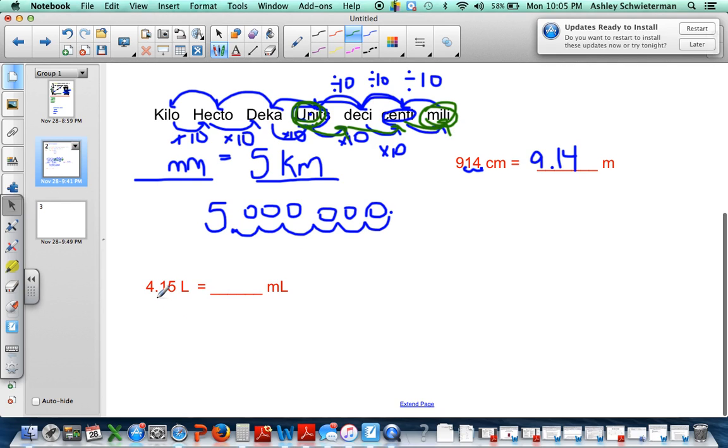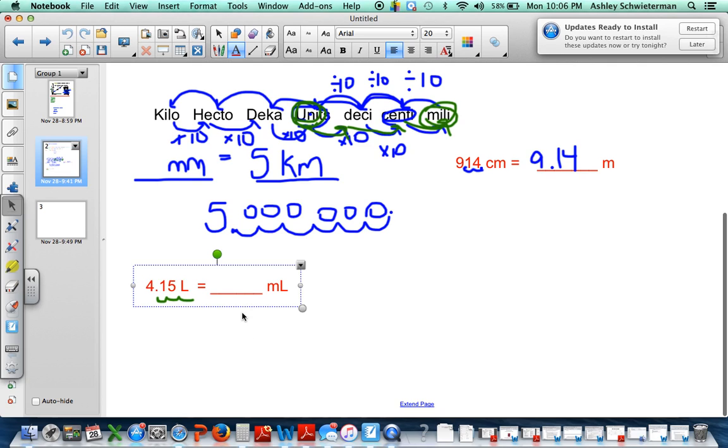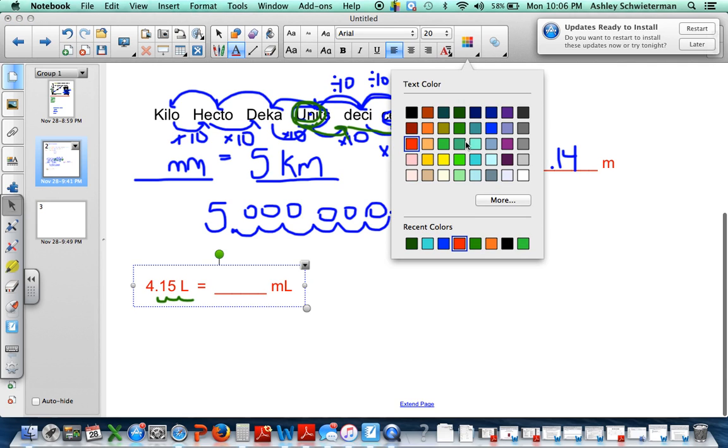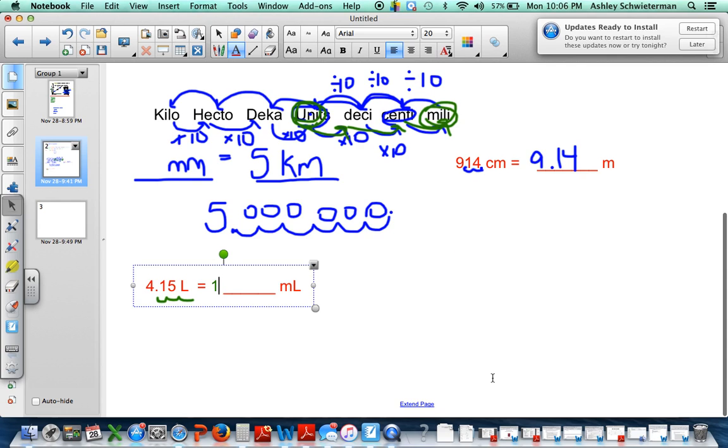So I locate my decimal, here it is, and I moved to the right. 1, 2, 3. Or I multiplied by 10 3 different times. And my answer is 150 milliliters.